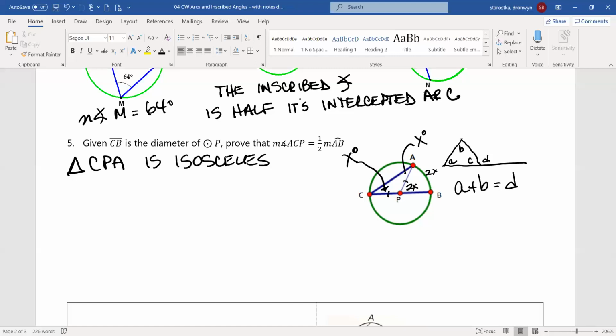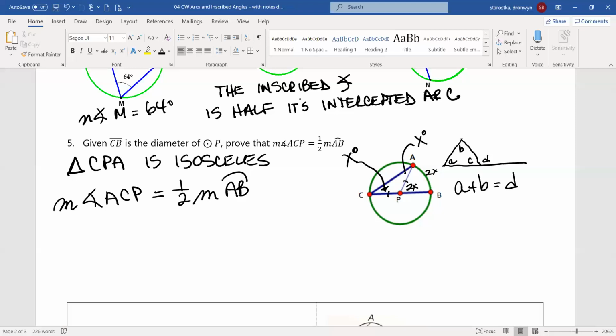The arc AB is twice the size of angle C. So we would write the measure of angle ACP is half the measure of arc AB.